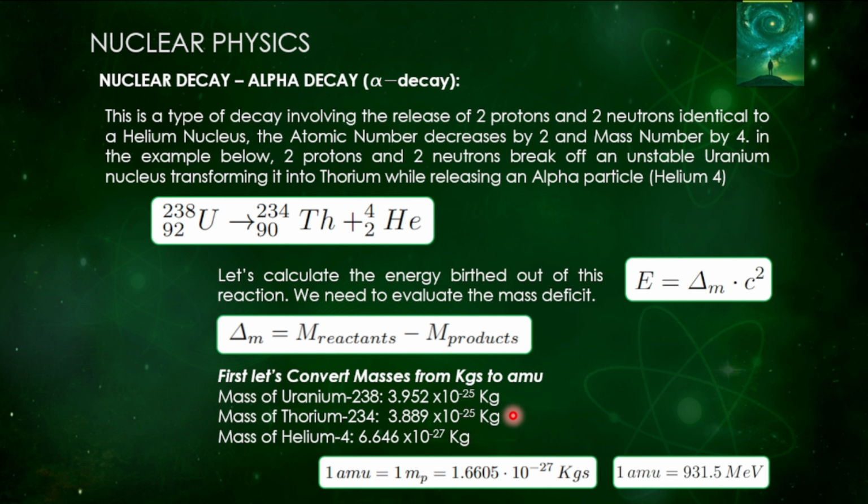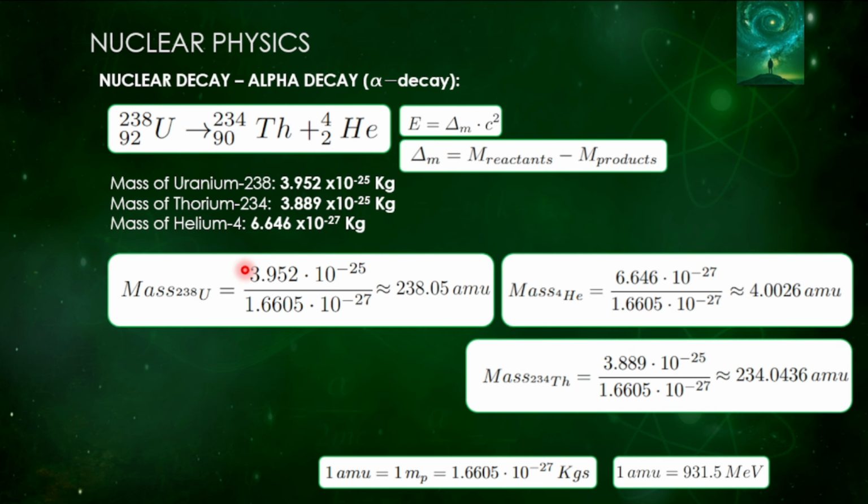So we need to simply divide them, because here is the mass of one atom. So we divide them by the atomic mass unit to get their value in AMU. Starting with the mass of uranium, you have 3.952 × 10^-25.